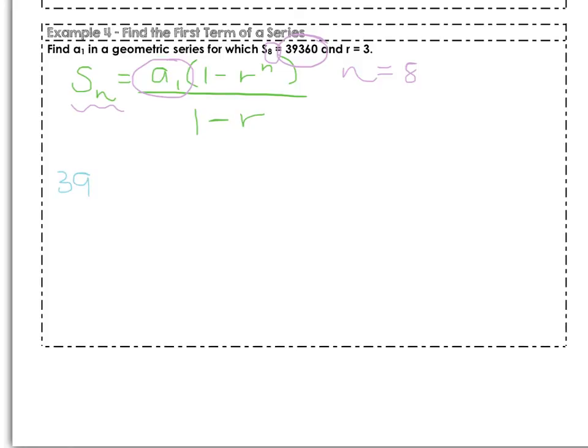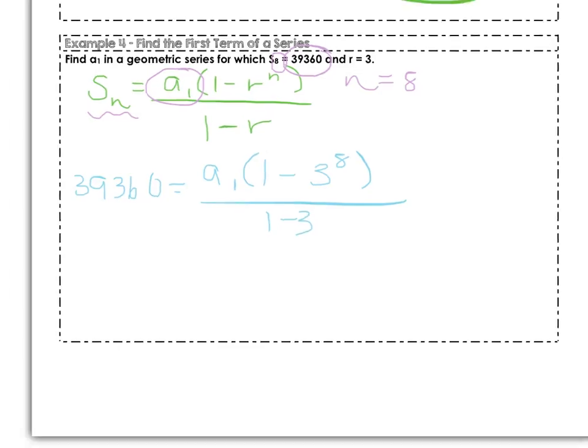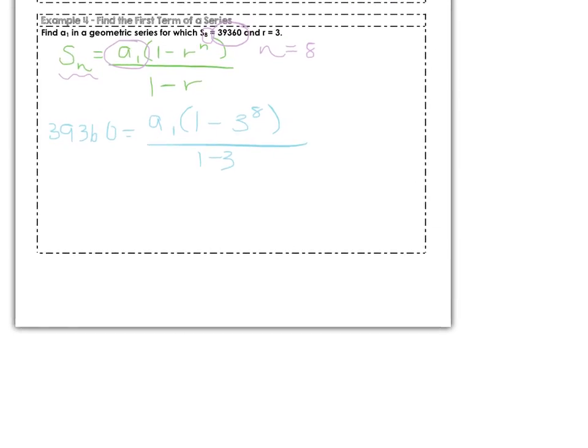So now let's just get started in plugging in what we know. 39,360 is equal to A1 times the quantity of 1 minus 3 to the 8th power over 1 minus 3. All right, we just got to start simplifying this now. On the bottom, we have 1 minus 3. So we have 39,360 is equal to A1 over 1 minus 3 is -2.